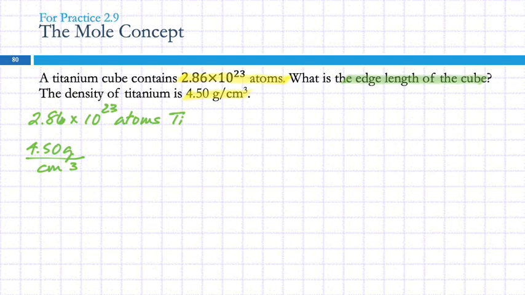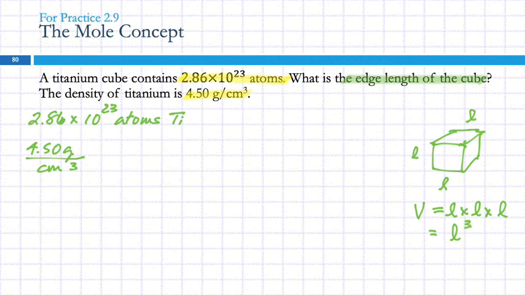Okay, so let's draw a little picture. If we have a cube, let's call the edge length L. That's what they often call it. So that's L, and this is L. And the volume of that cube is L times L times L, or L cubed.